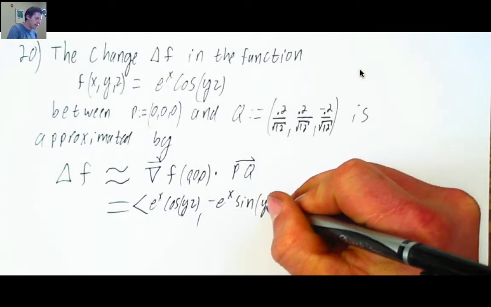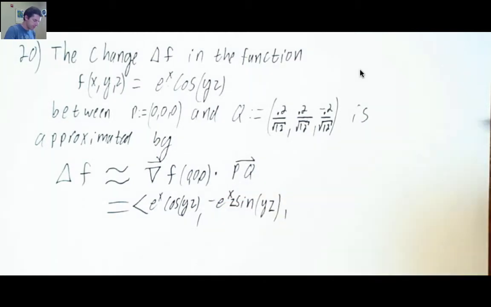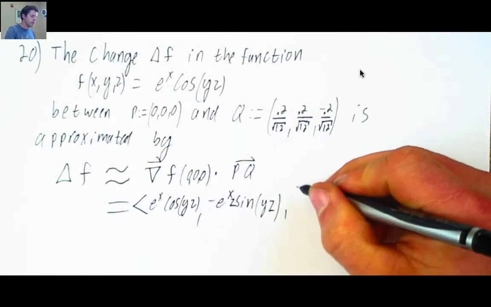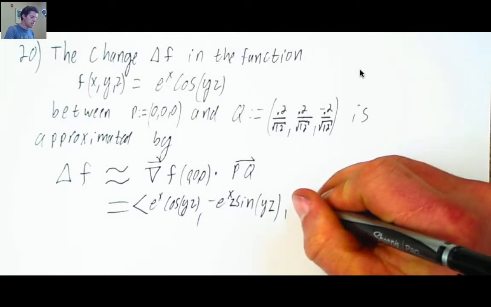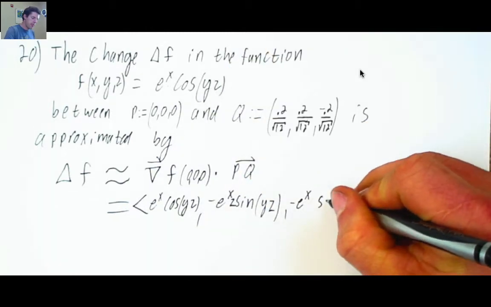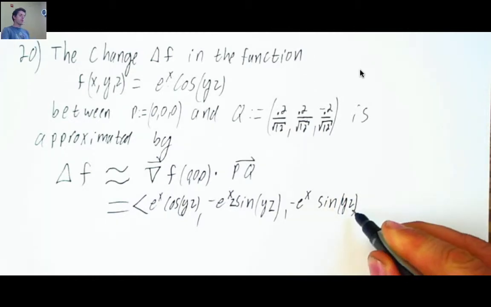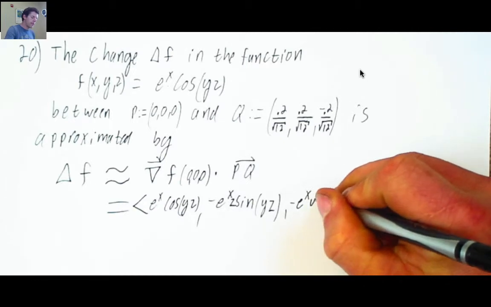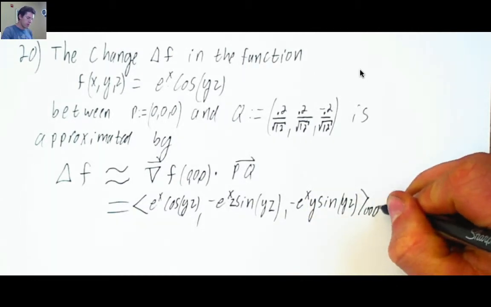The derivative of yz with respect to y is z. So I'll have a z right there from the chain rule. Next, derivative with respect to z won't touch the e to the x, but I will be taking the derivative of cosine to get a negative sine. And the argument stays just as it was, but the derivative of the argument with respect to z is y. Good. And then I need to evaluate that at (0, 0, 0).